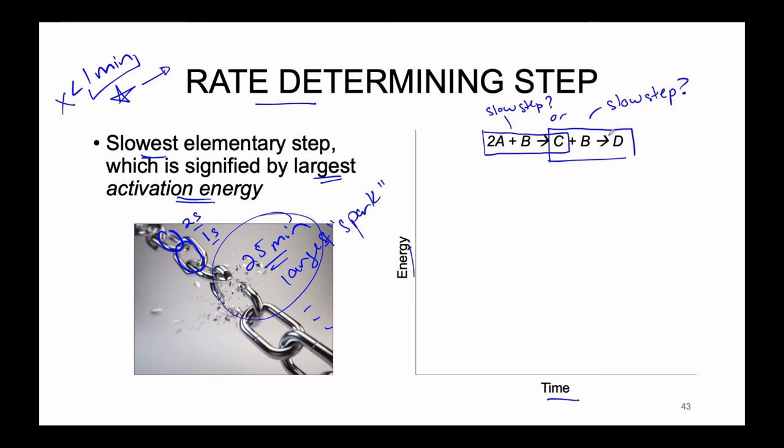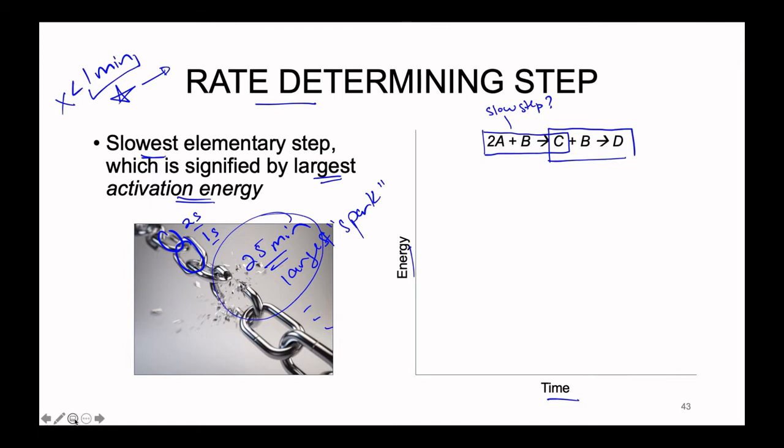So what we're going to do is consider both of the scenarios just to lay out what the energetics look like. So either the first step is going to be the slow step, or the second step is going to be the slow step. All right, so let's look at what the energetic map is going to look like if our first step is the slow step.